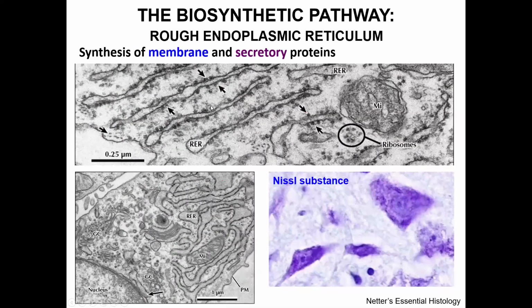The ribosomal subunits are actually produced in the nucleolus. This is a Nissl stain, this is the nucleolus. And the Nissl stain binds to the ribosomal RNA that is present in the ribosomes. So the Nissl stain stains the polyribosomes in the cytoplasm that are clusters of ribosomes and the rough endoplasmic reticulum.